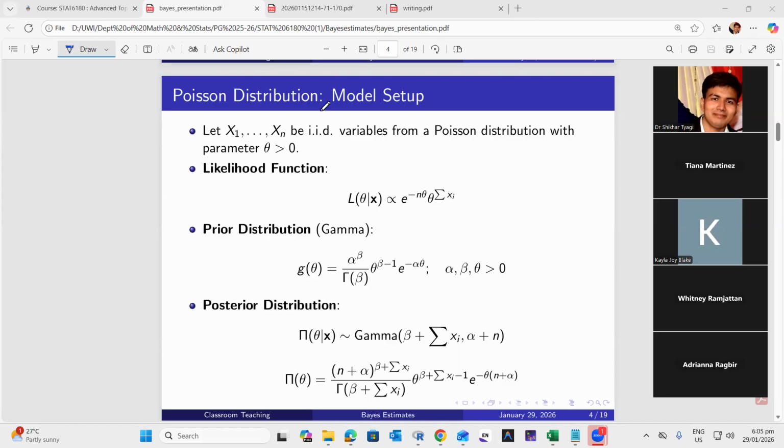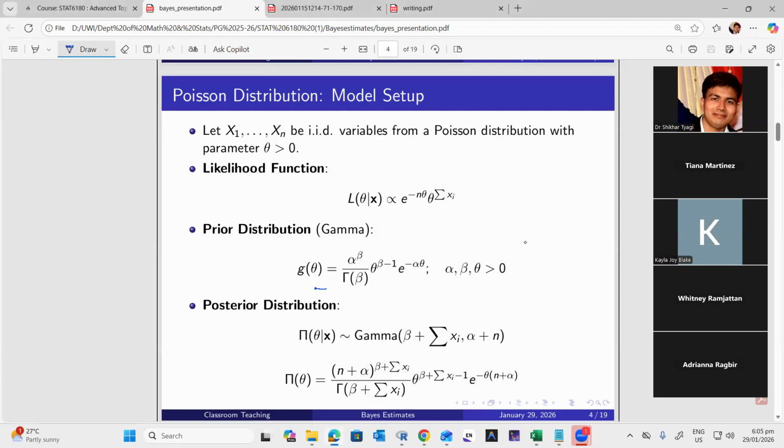in the first question, we took the Poisson distribution as our baseline, or you can say the experimental distribution, and the prior we assumed was the gamma distribution, with its density function.